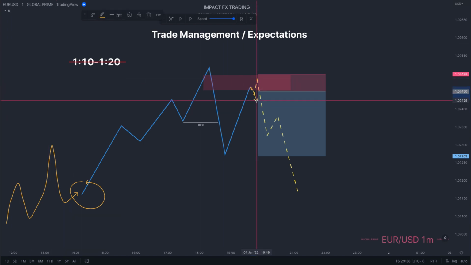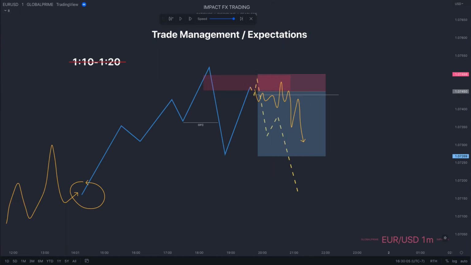If price mitigates this POI and then falls, I will move my stop loss to break even based on the structure that was mitigated. So if price comes back here and falls, now my trade can go break even, because if price is going to reverse from here, there's no reason that it should ever break this high.